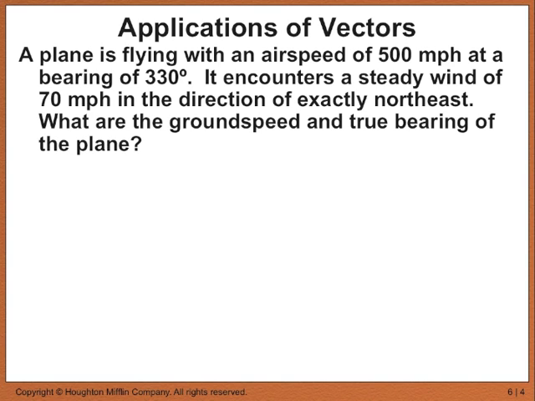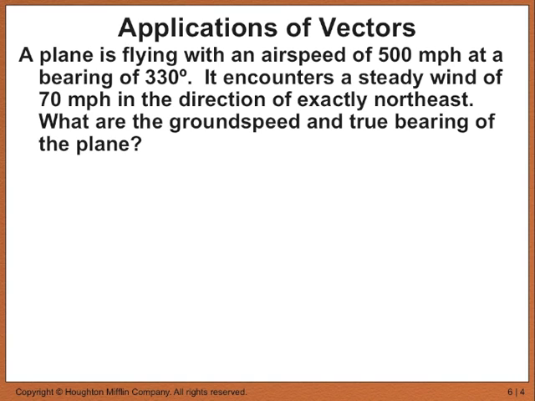so a few things to point out with this problem. Airspeed is just the speed that a plane has if all you're taking into account is how fast the engines are going, how fast the thing's going through the air. That's airspeed. All right, but ground speed is the speed of a plane when you also take into account any winds that may be interacting with the plane.